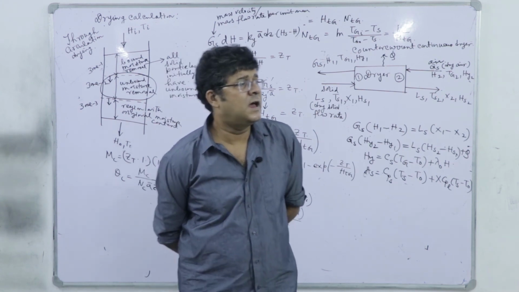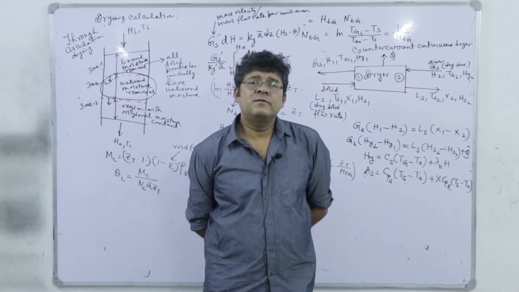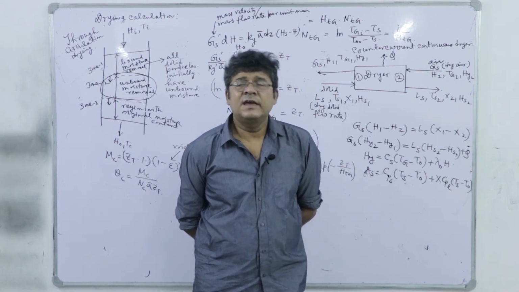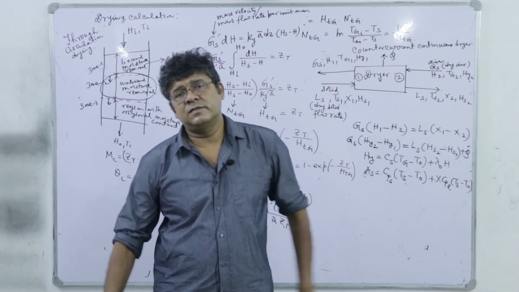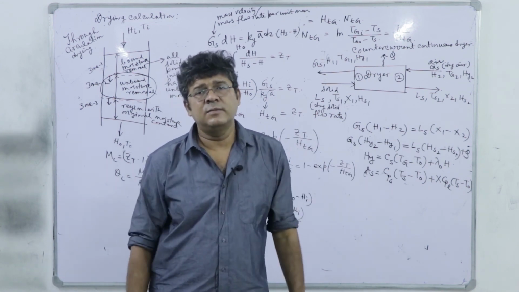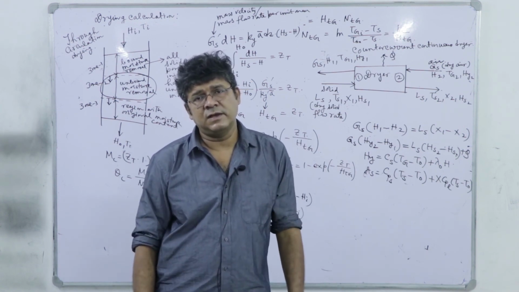So, there we have again calculated HO, and from that HO we have calculated NC. NC is basically based on the total amount of the moisture being removed divided by the specific moisture.